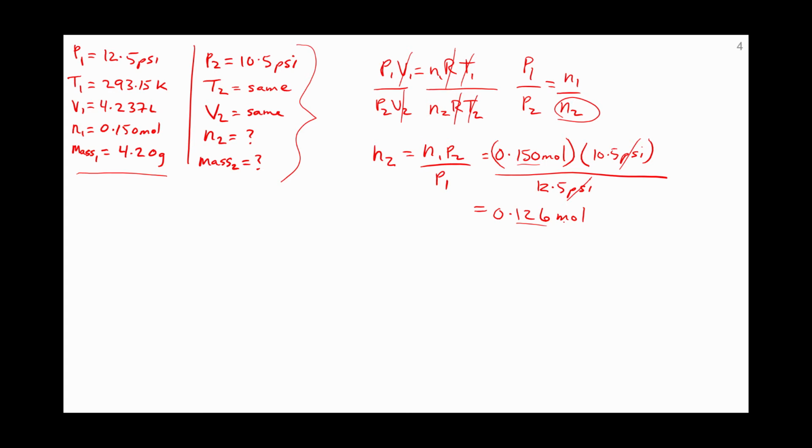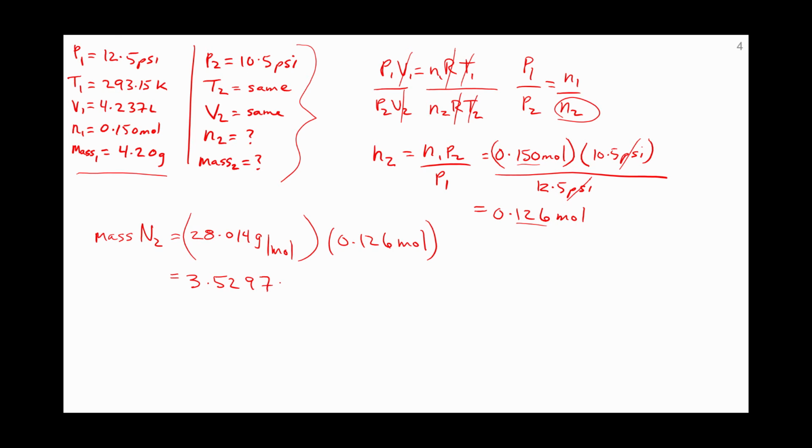Everything's fine. Now, of course, if you want to go forward and find out the mass of nitrogen, you're going to use the molecular weight of nitrogen, which is 28.014 grams per mole. What's going to fall out of that is a number like 3.5297.